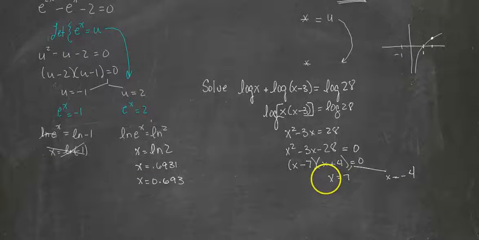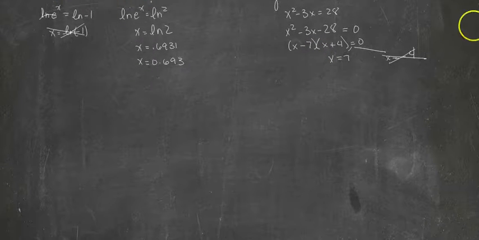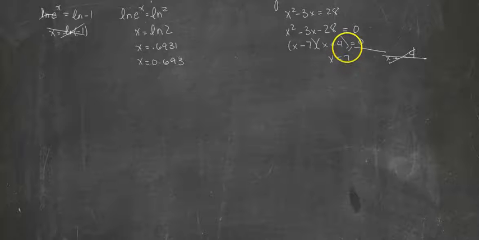If the x value on a log graph is positive, I'm good to go. If the x value on a log graph is negative, I'm not, because I can never choose negative 4 in my function. So I know that the extraneous solution is x equals -4 and that the actual solution is x equals 7.